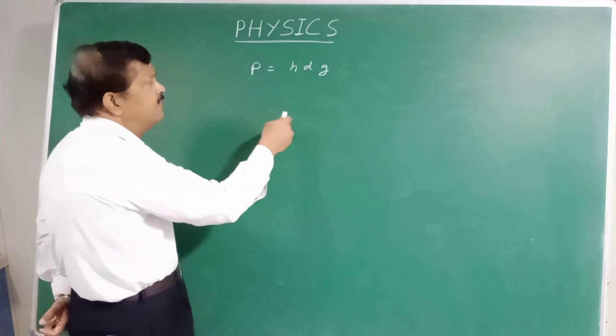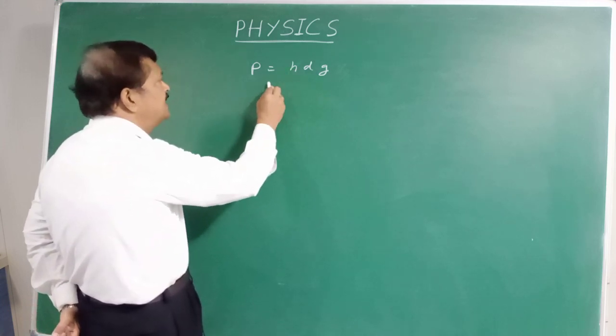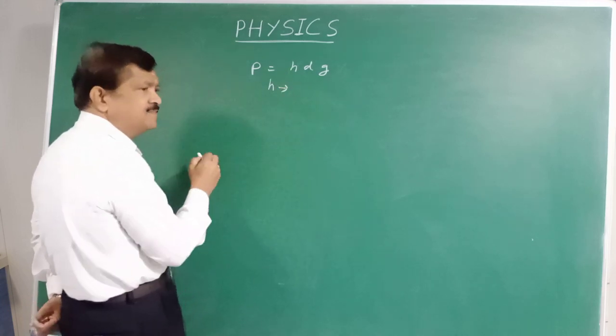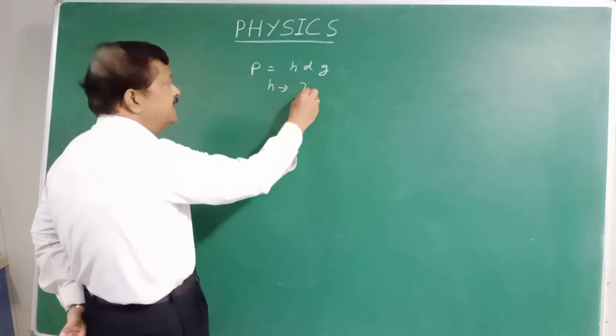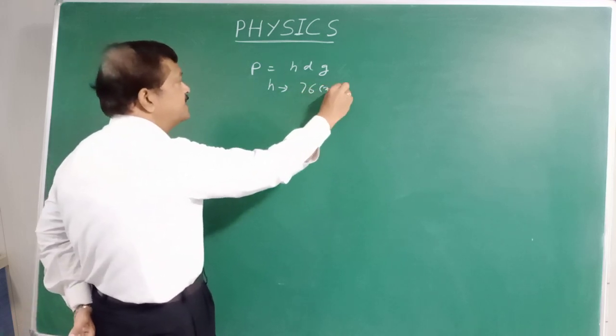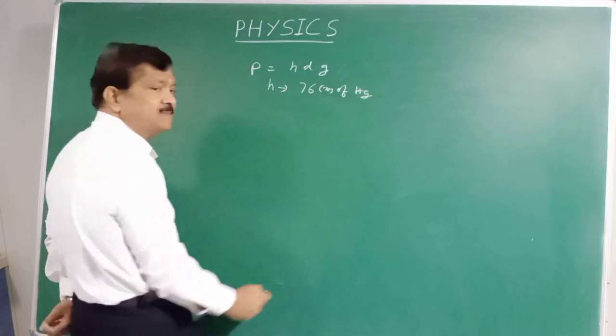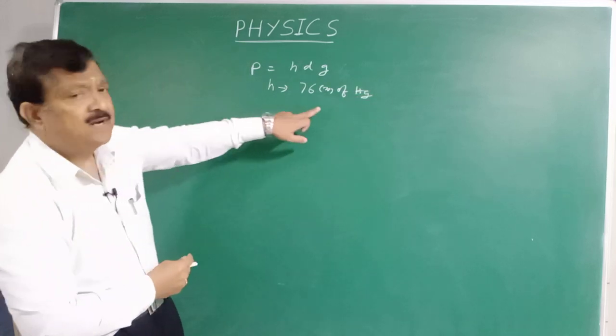But practically, when measuring, we express only the value of h, because we know the atmospheric pressure is 76 centimeters of mercury.